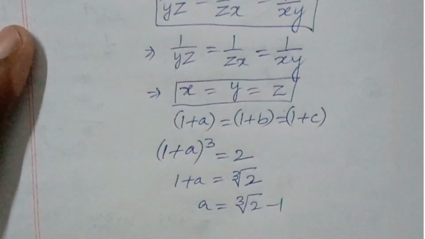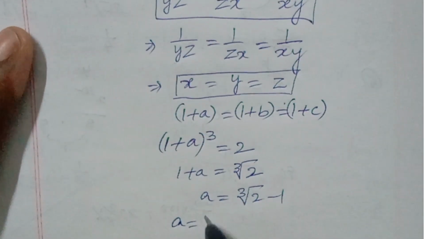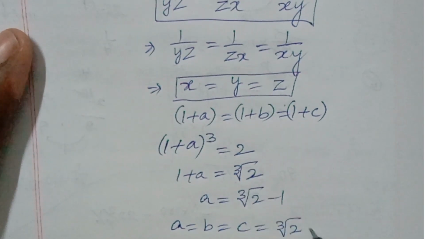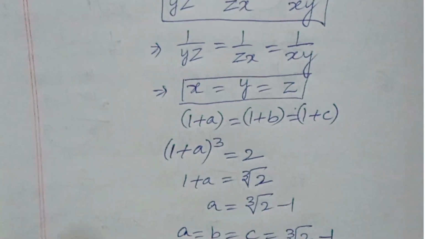So a equals b equals c equals cube root of 2 minus 1.